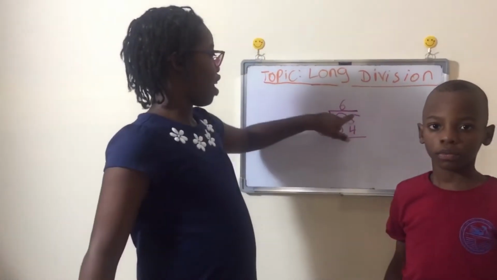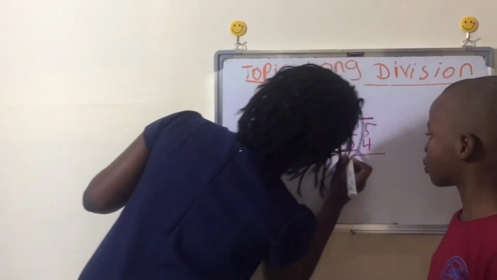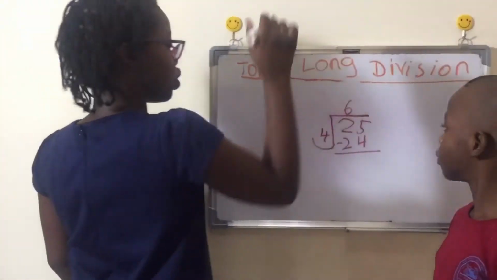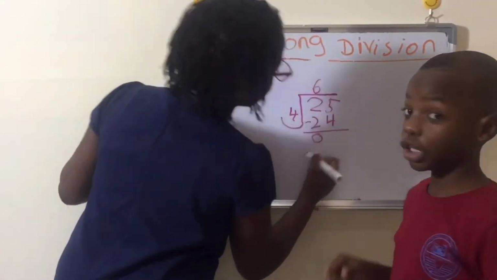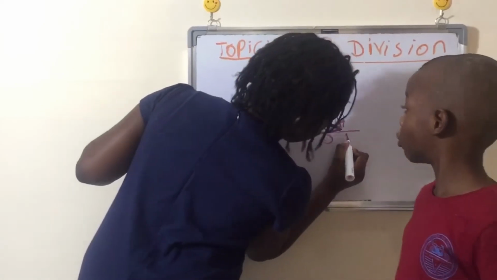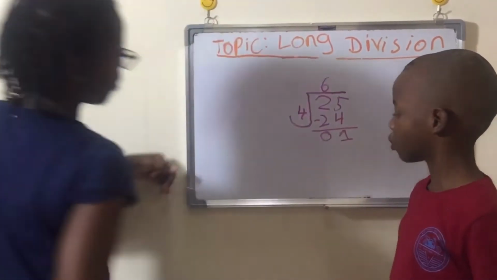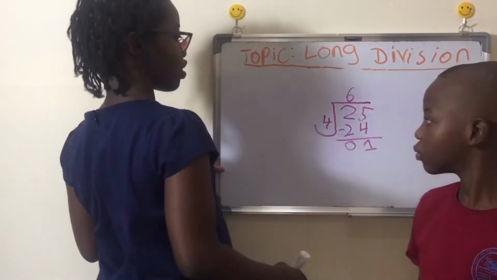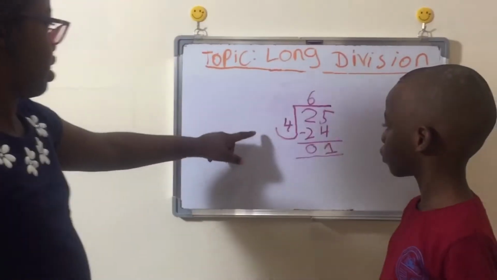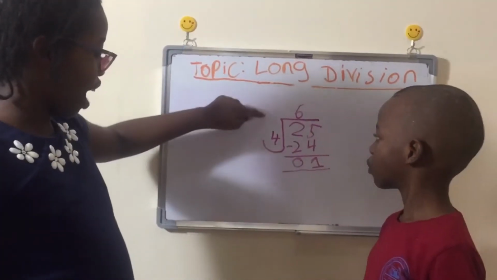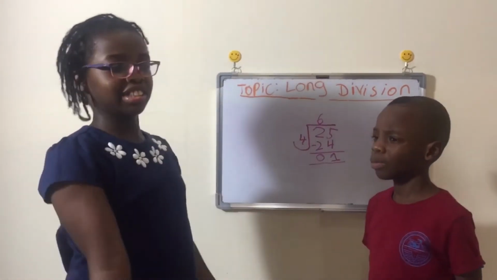Now we'll have to minus. So 5 minus 4 equals 1, and 2 minus 2 equals 0. So now we have to make sure that 4 can enter inside 1, but it can't.